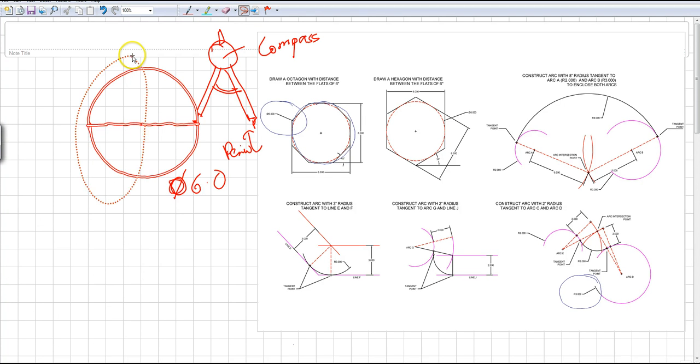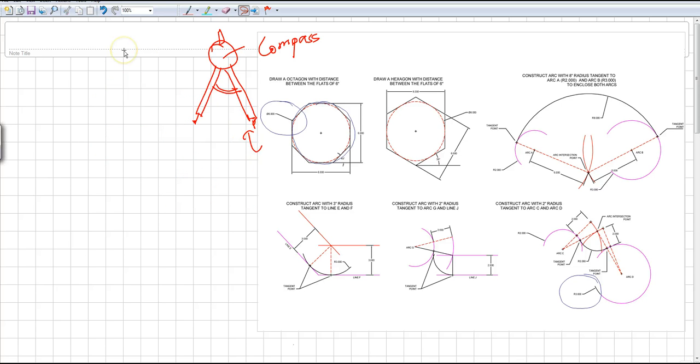Now let's see a few more simple examples where I would draw a circle. How to draw a circle with maybe one line going this way and the other line going this way.